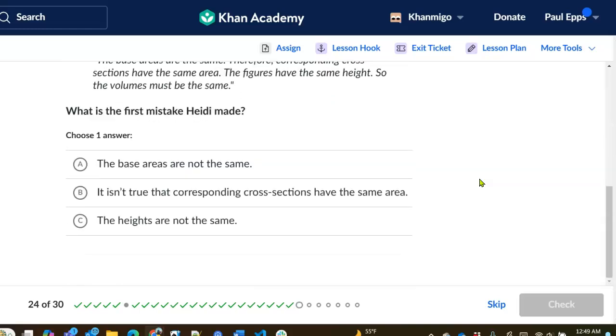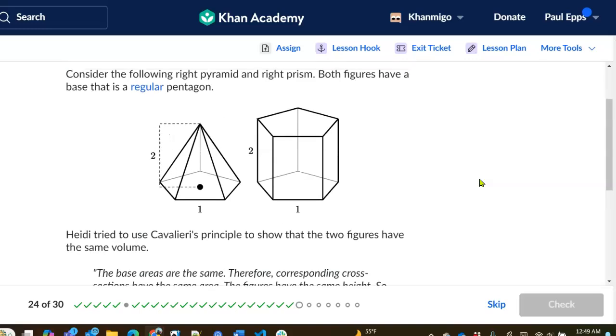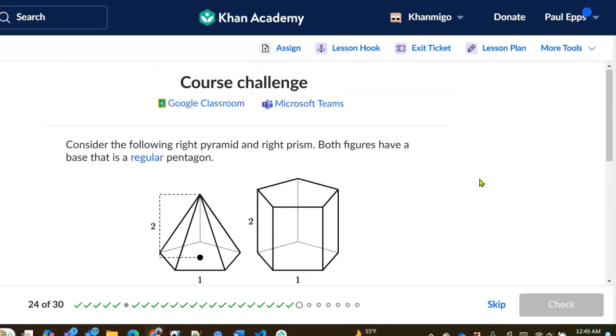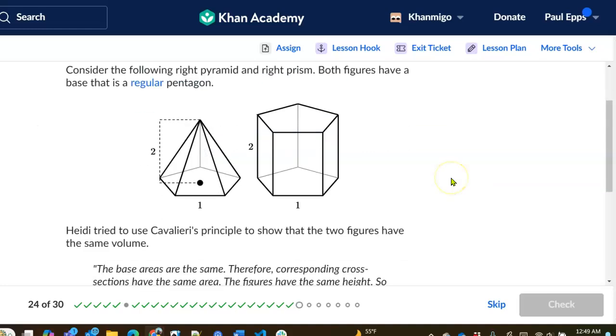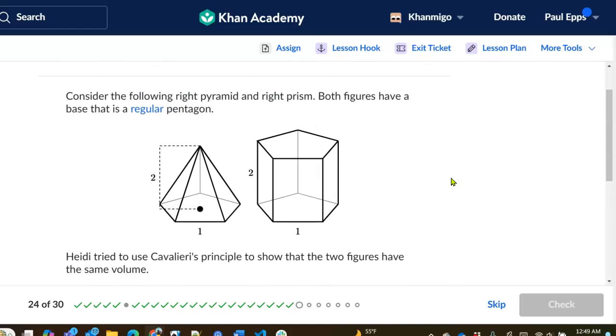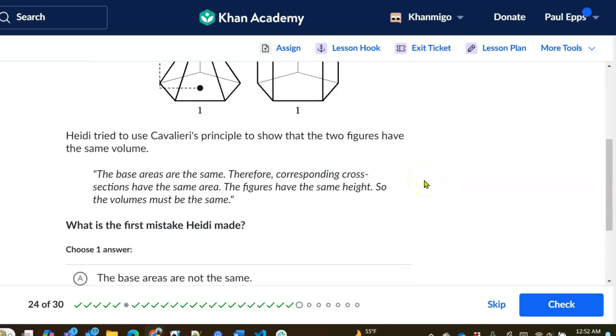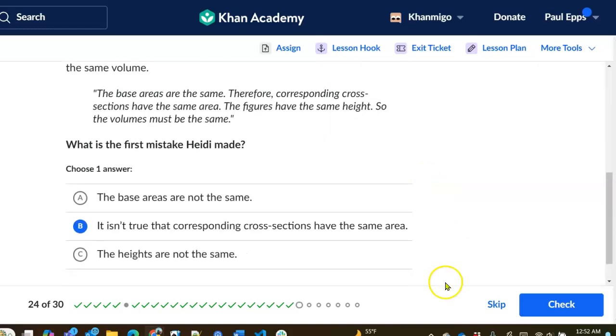I don't think the corresponding cross sections are going to have the same area. Both figures have a length, okay, to right. Yeah, the cross sections are not going to be the same.